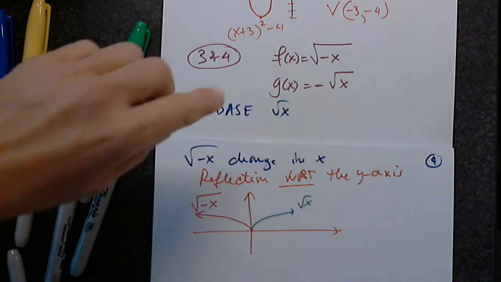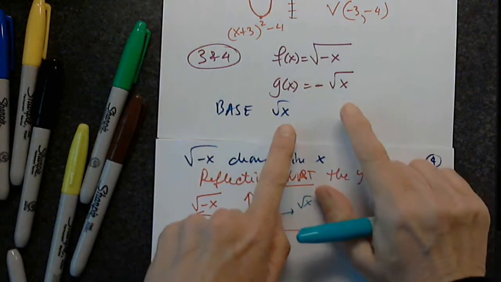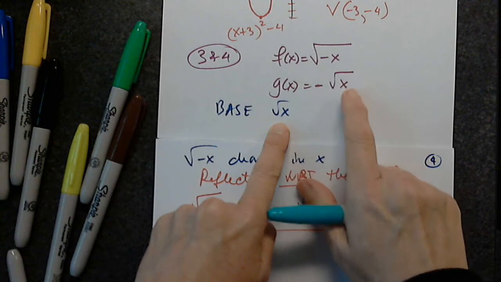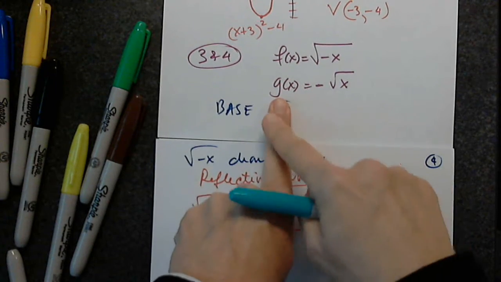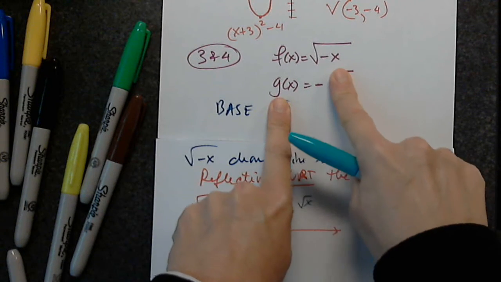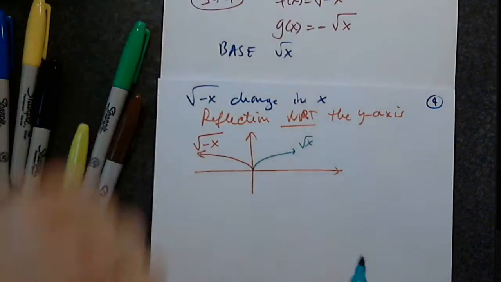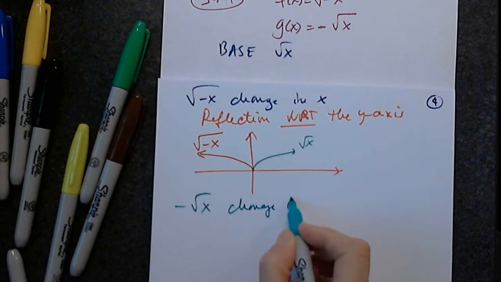Now let's go back and analyze g. Let's analyze these two functions. This is the base function, but now it's negative the square root of x. Does x change, or does the y value change into -y? The y value changes. So I'm going to make myself a note. Negative the square root of x is a change in y.